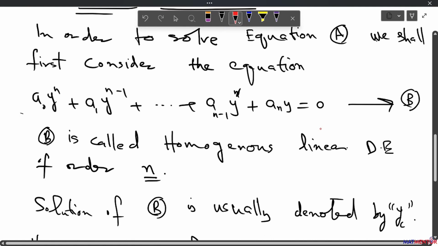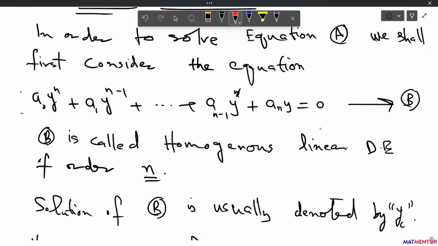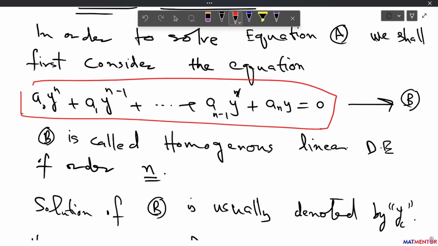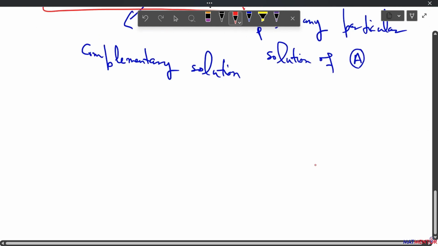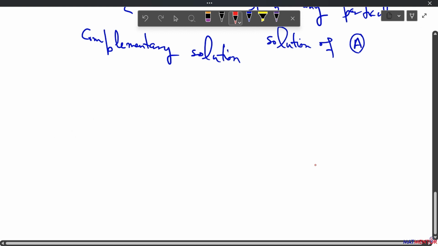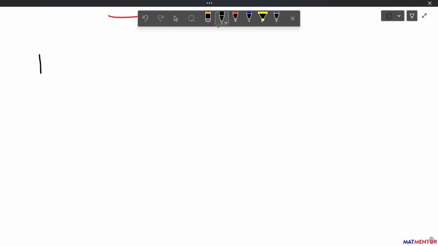When you write this expression equal to 0, it is called homogeneous linear differential equation of order n. So if the right hand side is 0, then this equation will become a homogeneous differential equation. Now our next target is how can we write yc?